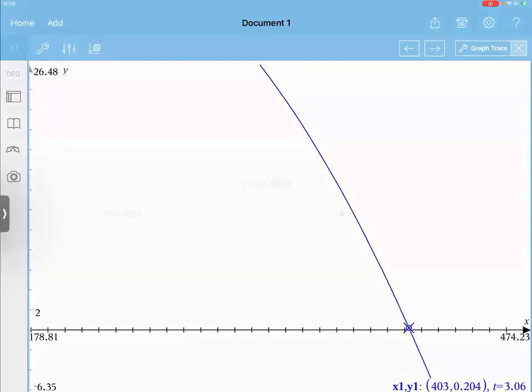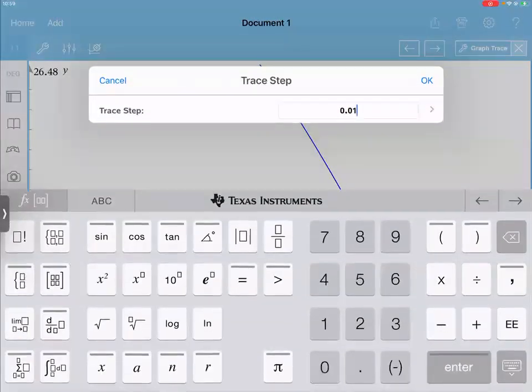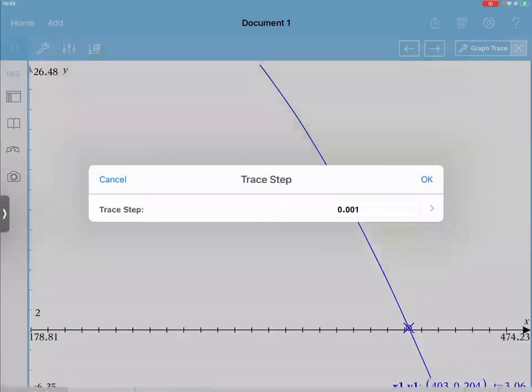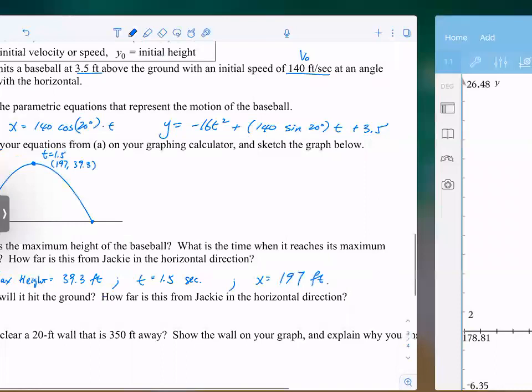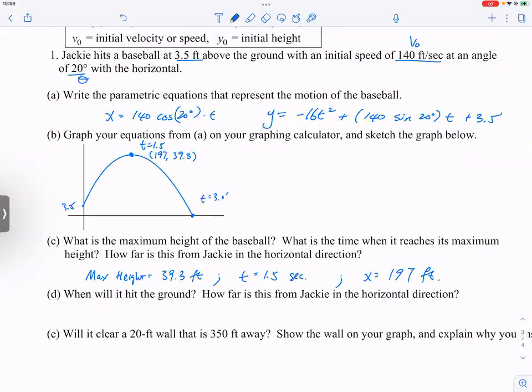Let me see if I can get one more digit. All right, so I think this is really good. So at t equals 3.06, I got 403 comma 0.003.